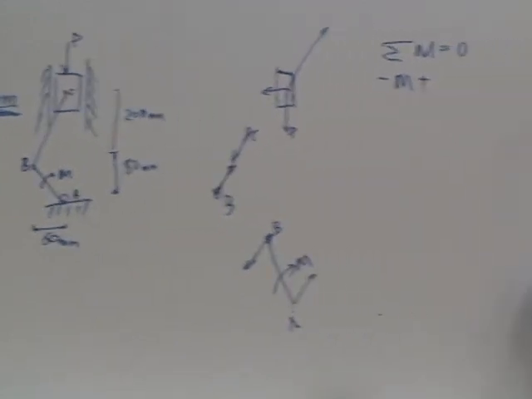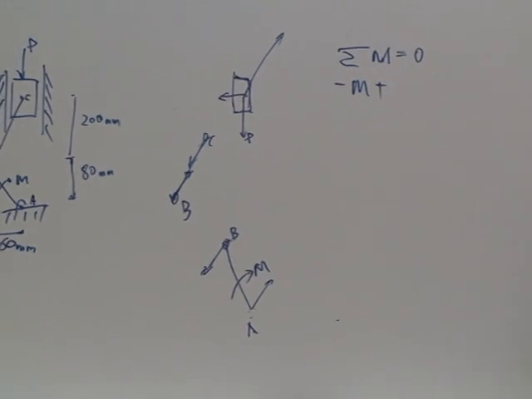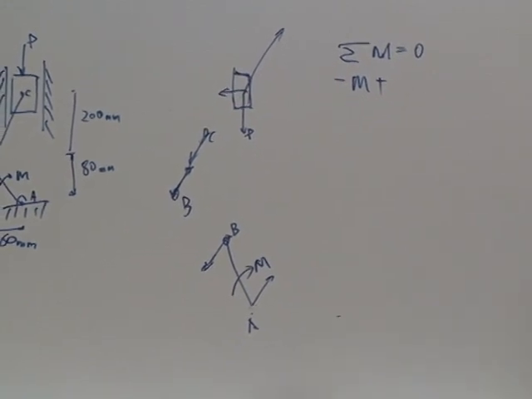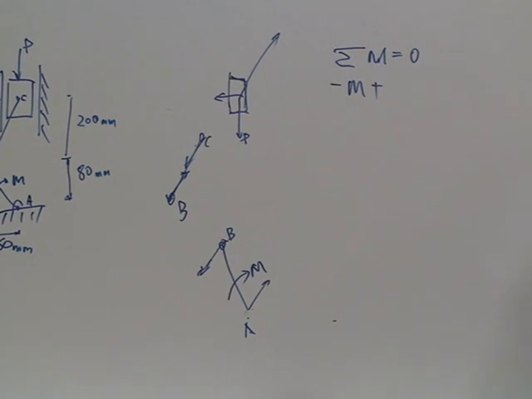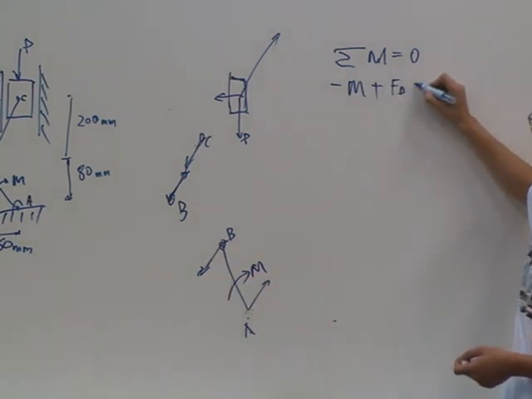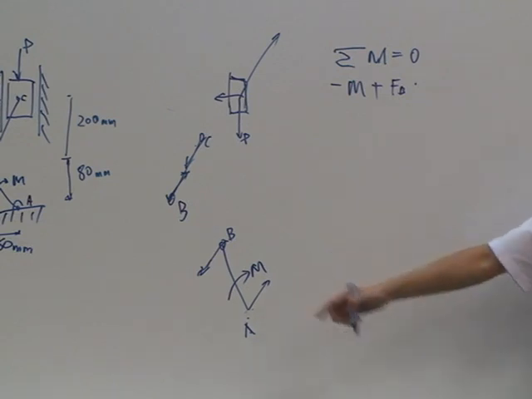What is another moment created here? It's caused by this force, right? This force B, Fb times its force arm. What's its force arm?